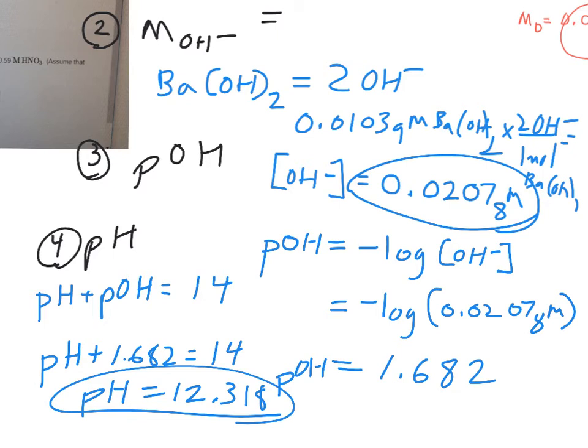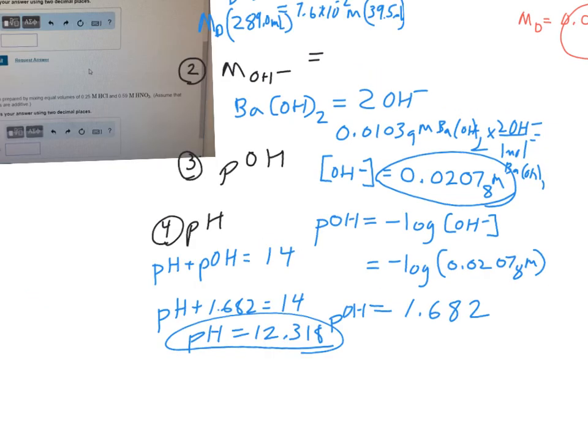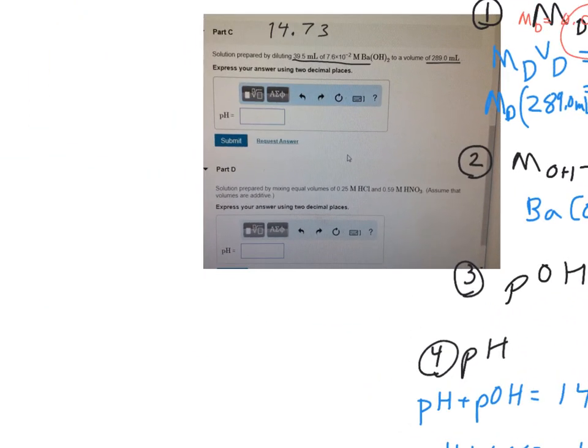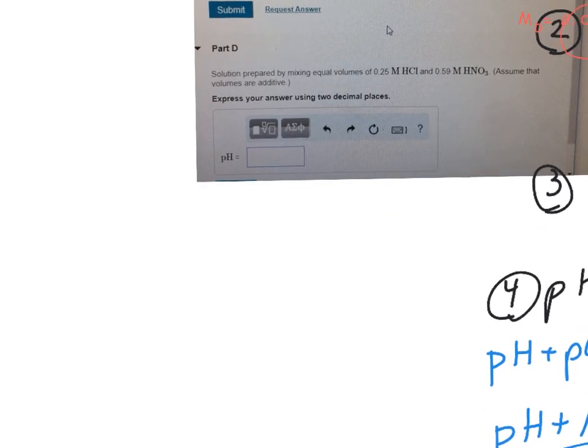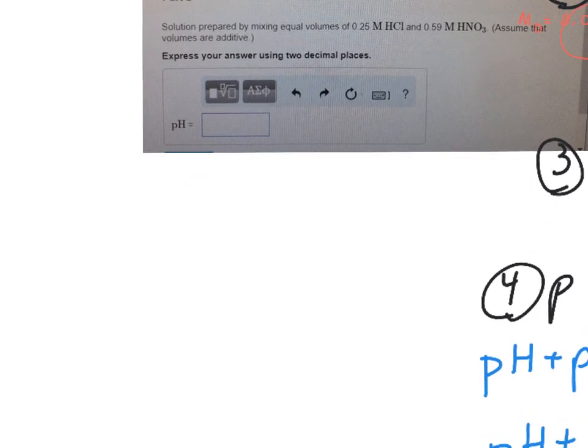All right, now let's try another one. Let's try part D now. Part D, they're playing again on the dilution factor. They're telling you that you're mixing equal volumes of 2 different strong acids.